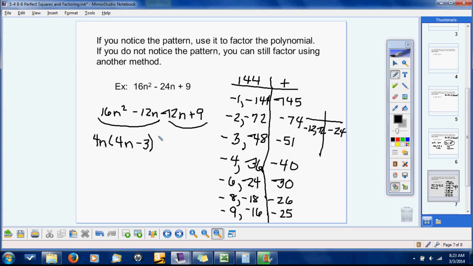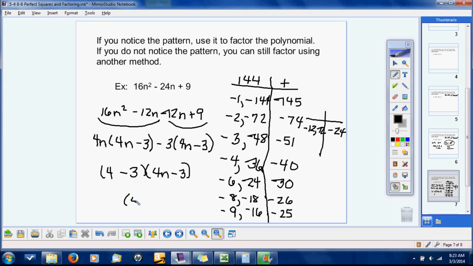And 3 is the biggest common factor here. Negative 3 times 4n minus 3. 4n minus 3 is in common. So we have 4n minus 3 times 4n minus 3.